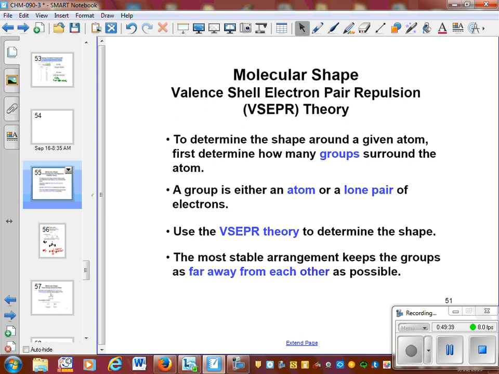They don't want to be near each other. So here I have a central atom. I stick an electron pair in here. So, I want to put another pair in. It wants to be as far away from this pair. Where do I put it? Opposite side.